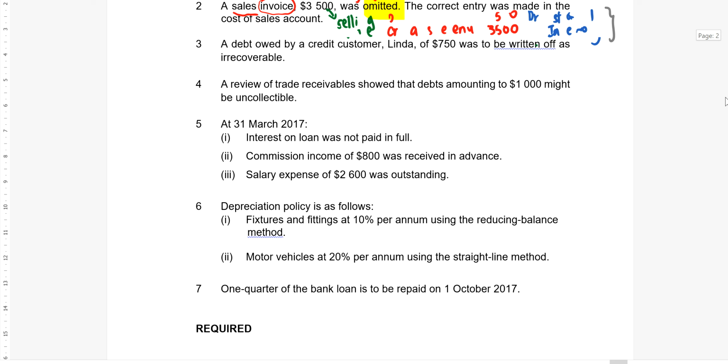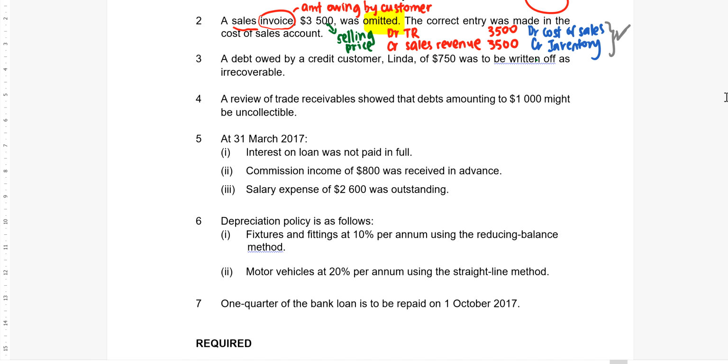Third adjustment says that a debt owed by credit customer Linda of $750 was to be written off as irrecoverable. So what does this mean? The word irrecoverable means that the debt is confirmed uncollectible. So we need to do something called a write-off. And how do we write off the debt?